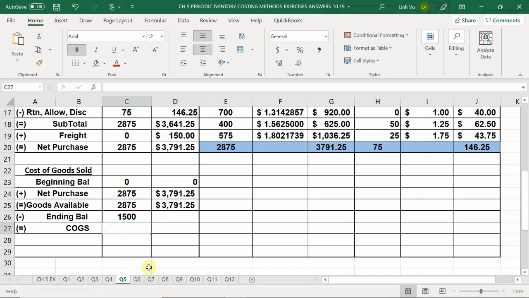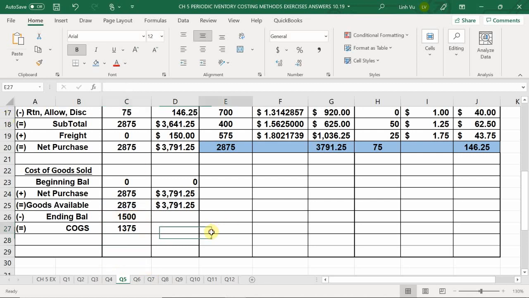Okay. So in this case here, right, since we were given that on August 31st, we have a total of 1,500 units left, that means I am assuming I sold how many units? Okay, if I started out with 2,875 and I have 1,500 left over, how many items did I sell? 1,375. 1,375.